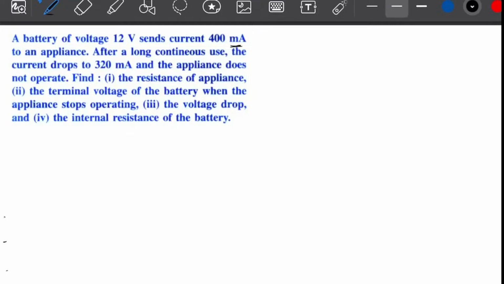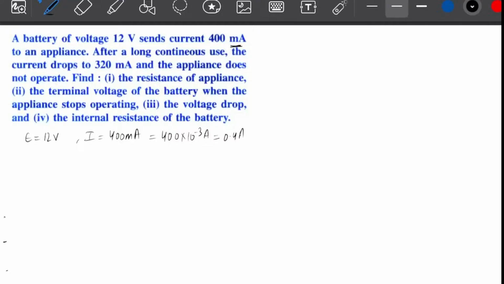Okay, so let us understand this question. We are given a value of EMF which is 12 volts, and the current is 400 milliamperes. First of all, we need to convert the current, and it would become 400 into 10 raised to the power minus 3 amperes. While solving this, I get a value of 0.4 amperes.